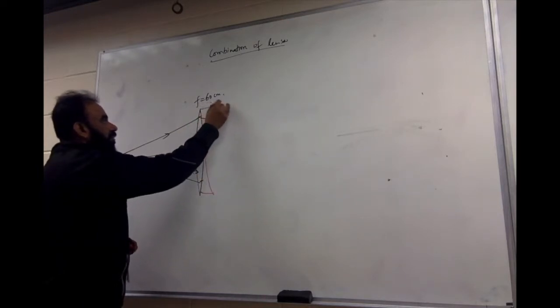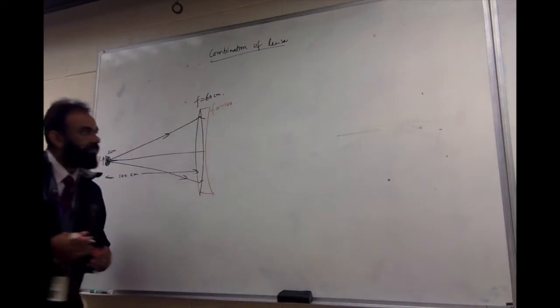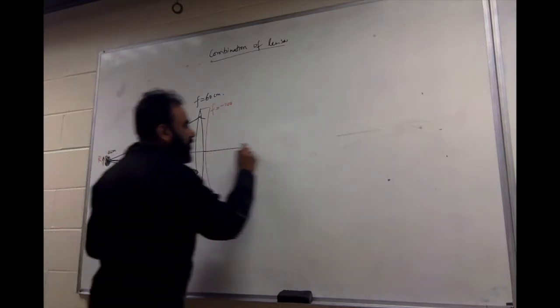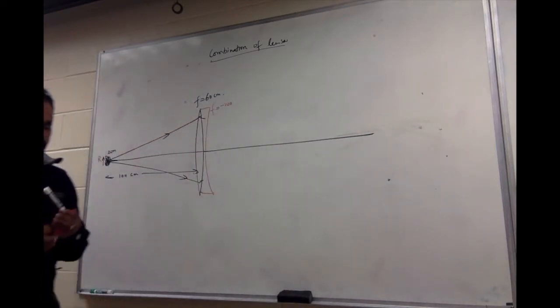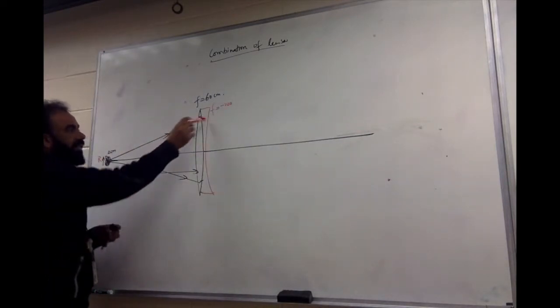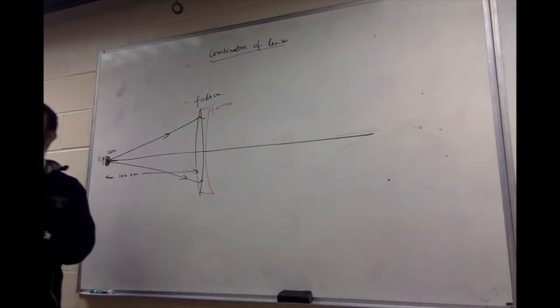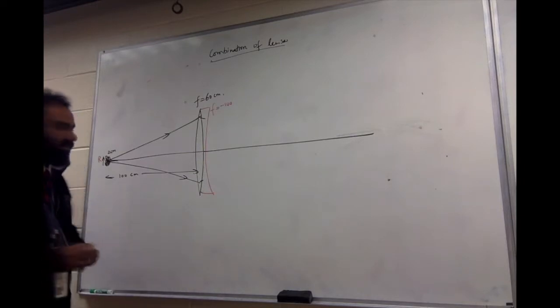So that is f equal to minus 100. So I have this lens and that lens, they're put together. What's going to be the overall focal length if they are really in contact?